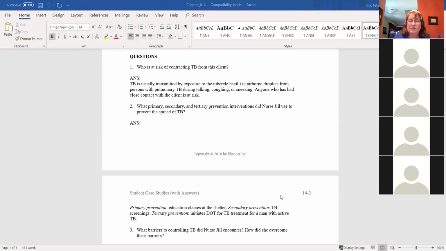I would say one, obviously, the language barrier between her and the person that had the active TB. Then physically having to find that person. And another barrier would be knowing the timeline of who he actually came into contact with, trying to trace his steps as best as possible, and linking the pieces together.